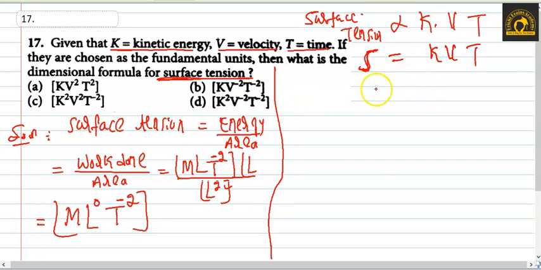So surface tension is k to the power of x, V to the power of y, we don't know, T to the power of z. The surface tension dimensional formula is M L to the power of 0 T to the power of minus 2. That is equal to k. K means kinetic energy.